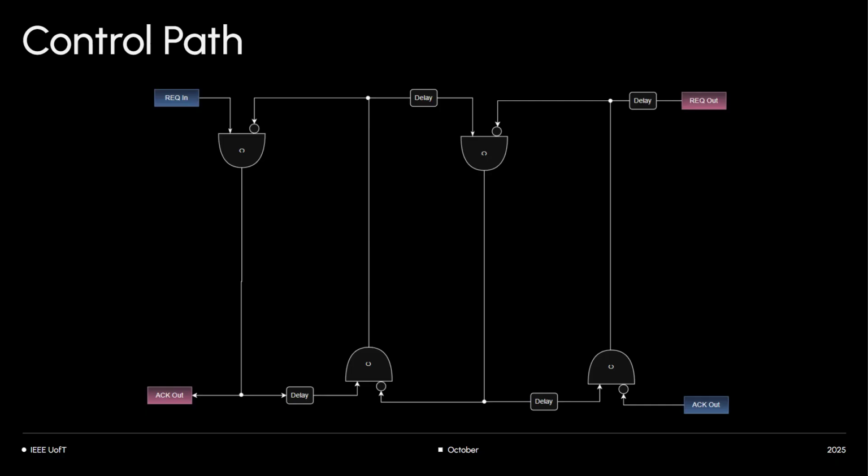Our input went from 0 to 1. That propagates, and you'll get an acknowledge in as well. It fires all the way through and then comes out on the output side. Of course, there'll be a propagation delay for it to get through.